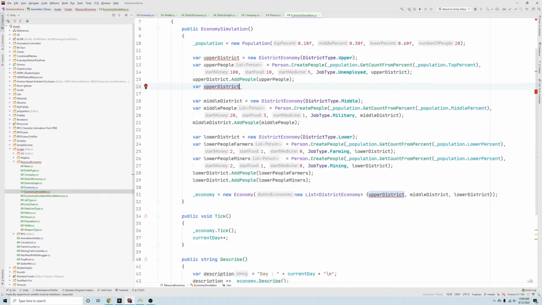And there's multiple steps to link all the references together.